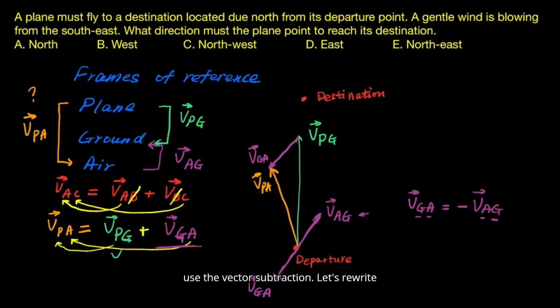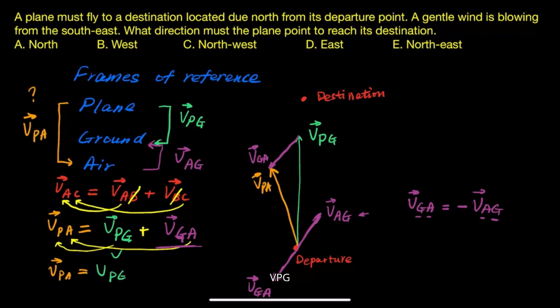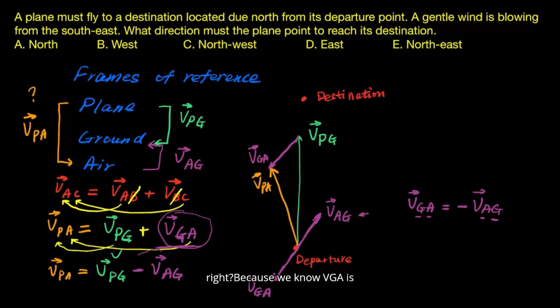We can also use vector subtraction. Let's rewrite our equation as Vpa equals Vpg minus Vag, right? Because we know Vga is negative Vag. So now we have the vector subtraction Vpg minus Vag. Then we can determine Vpa by using the subtraction of two vectors. To subtract two vectors, we draw those two vectors from the same starting point.